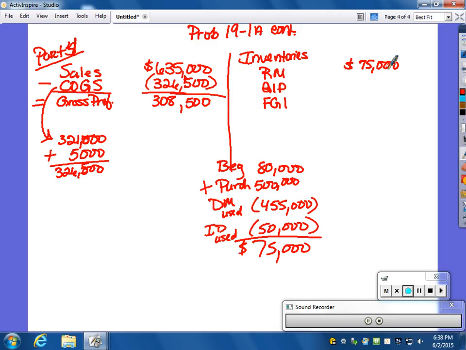What about goods in process? From job 308, that was the one left, right? That was not complete. So what's the goods in process inventory at the end of April? 57,000. And what about finished goods inventory? The only thing that was finished was job 307.